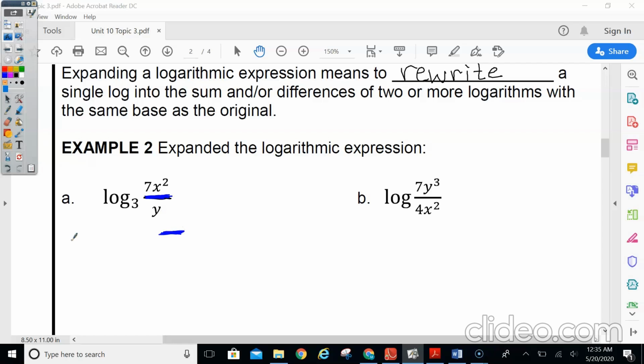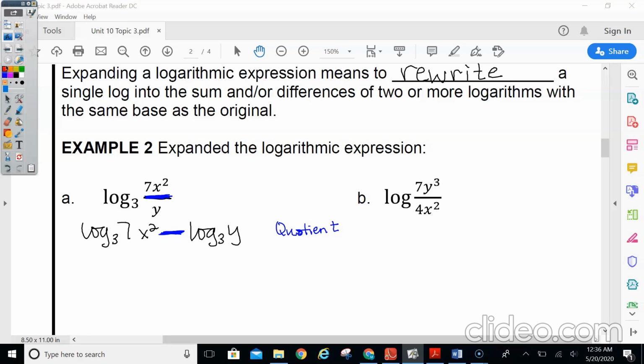So here we're going to do log base 3 of the numerator, which is 7x squared, minus log base 3 of the denominator, which is y. And this is using the quotient property. I won't make you say the property if you show your steps. So like right here, this would be good enough. You don't actually have to name it, but I'm naming it here because these are the notes.